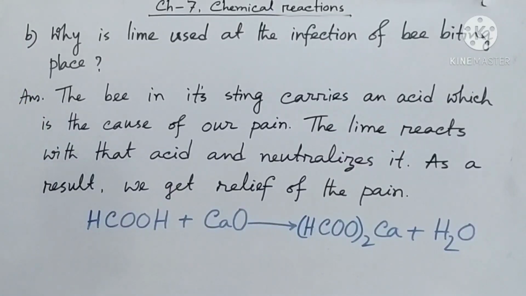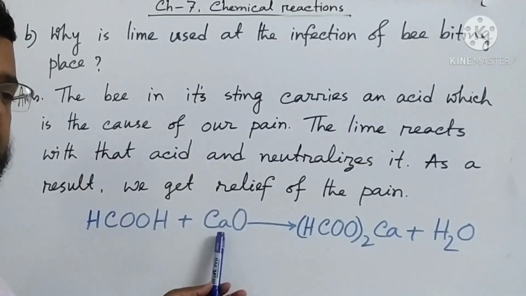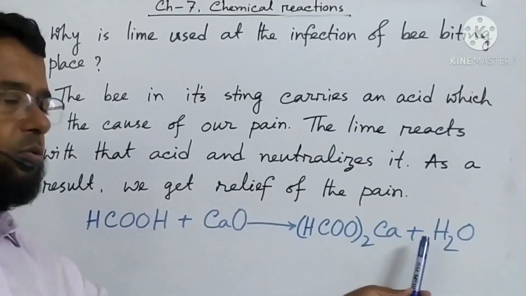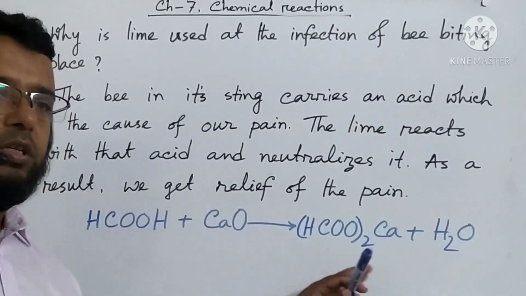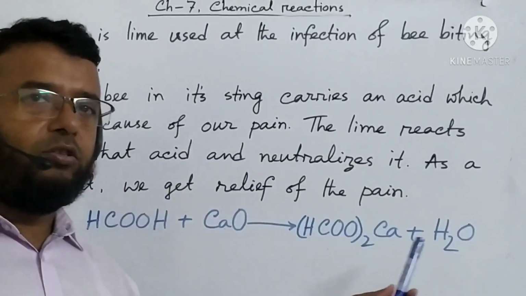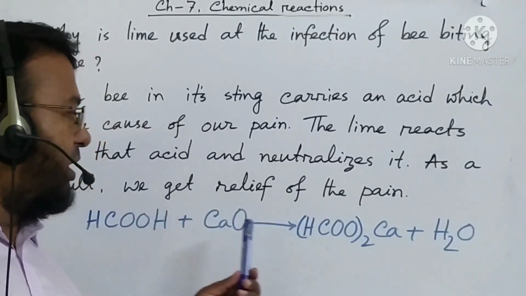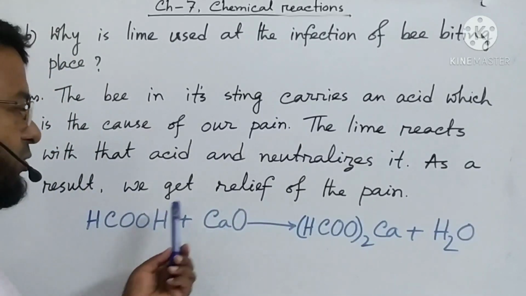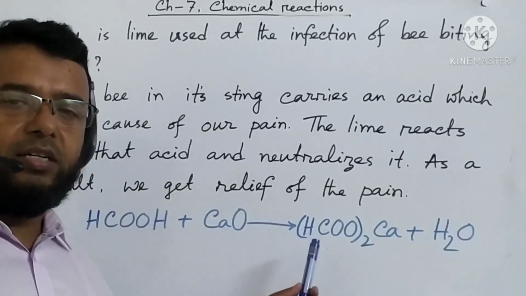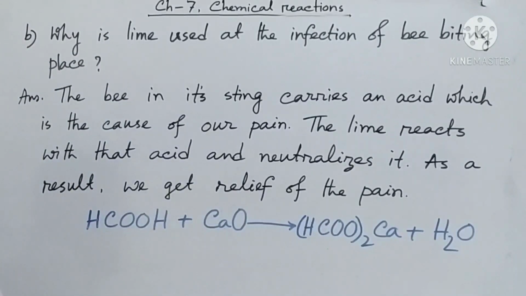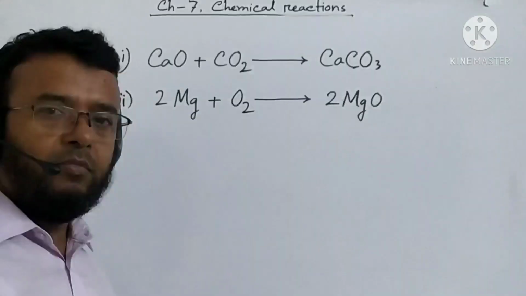Okay, everybody see the reaction. Formic acid reacts with lime, that is calcium oxide, to produce calcium formate, a salt, plus water. So the acid and base react together to produce salt and water. That means the acid is neutralized by the base, that's why we get relief from the pain. Okay, everybody write it.